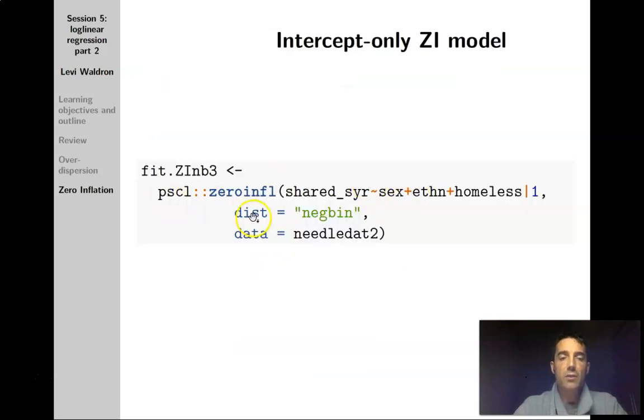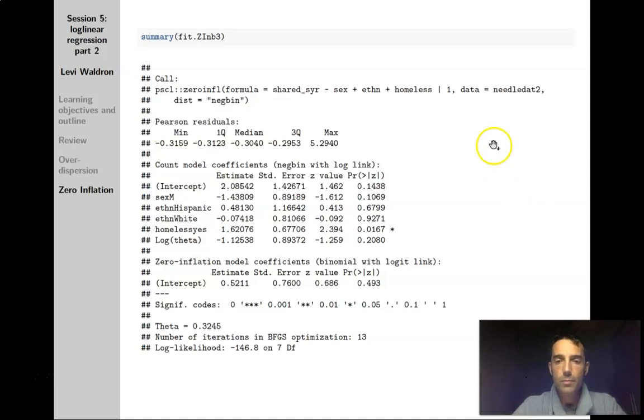So in this final zero inflated negative binomial model, I'm using only an intercept term in the zero inflation term. That is to say that every participant in the study has the same probability of having zero inflation.